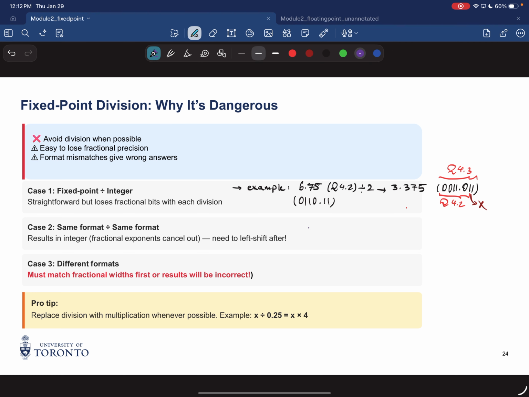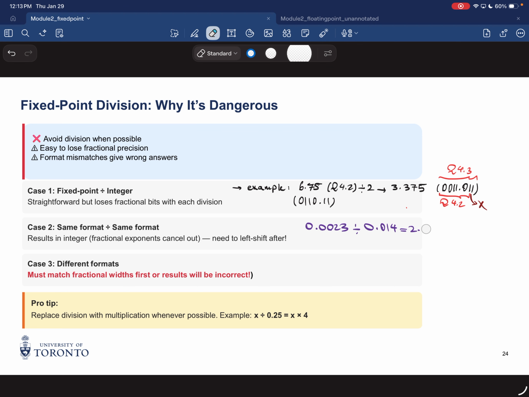If you're dividing, let's say 0.0023 over 0.014, then what you want to do is first write this in the form of 2.3 times 10 to the power of, let's say, you want to make the formats the same. Let me just explain it that way. It's just so hard to do this in decimal because we know how it is. Okay, so you want to make the formats the same.